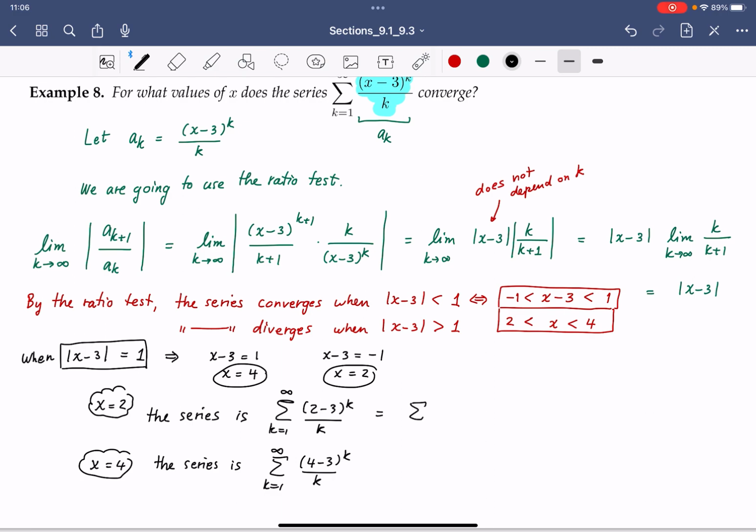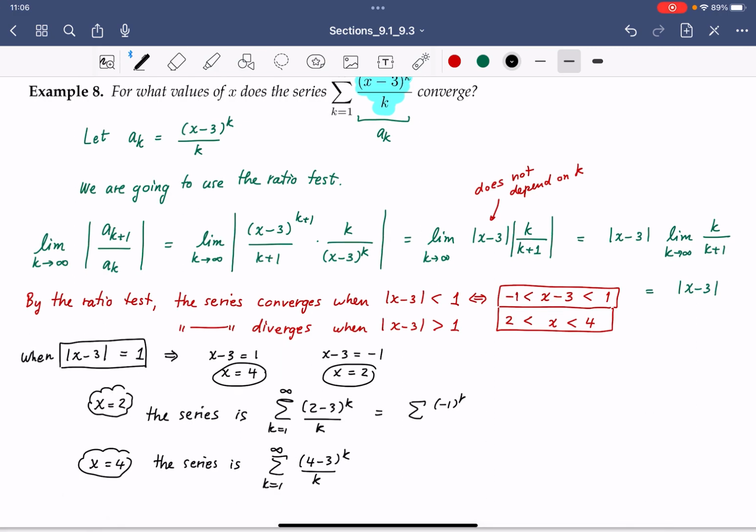When x equals 2, you're going to get negative 1 to the k over k. For x equals 4, you're going to get 1 to the k over k, which is actually 1 over k. Is negative 1 to the k over k convergent or divergent?